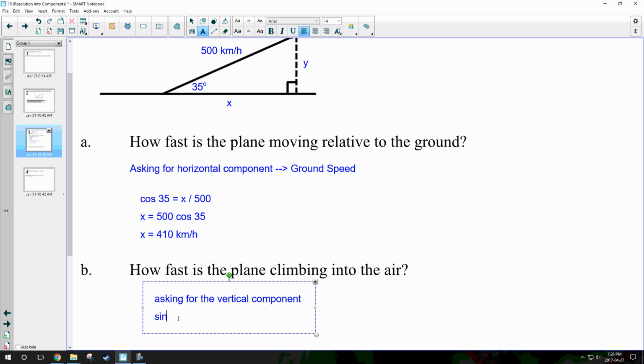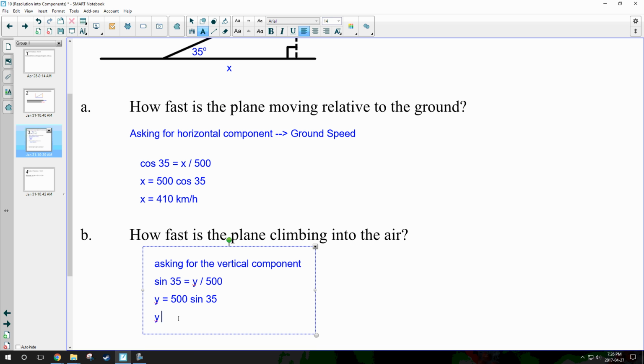So we do sine of our angle 35 equals y divided by our hypotenuse. Again, our rearrangement is just taking the 500 and multiplying it to the other side. And when we type that in, we get that approximately that's 287. And again, that's with just rounding.